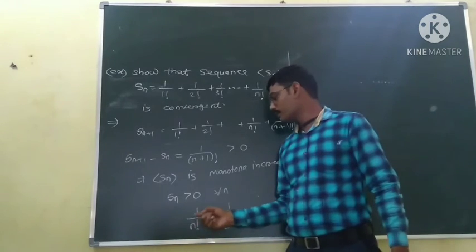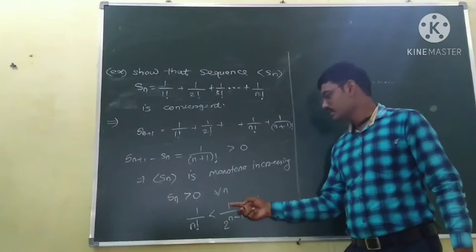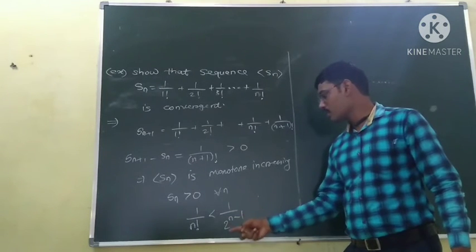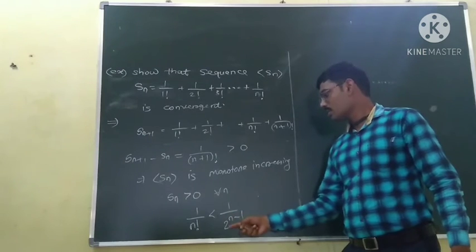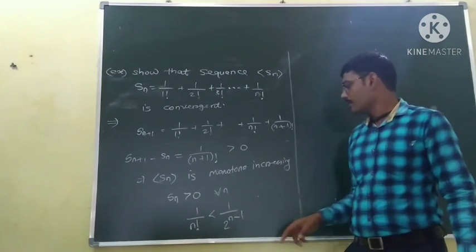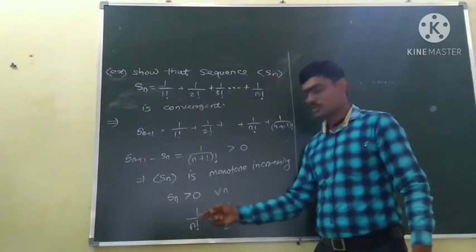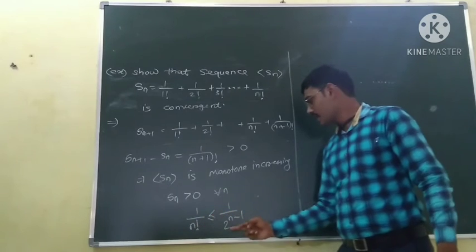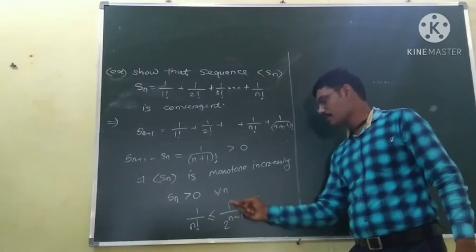If n is equal to 1, 1 by 1 factorial is 1, and 1 upon 2 raised to power 1 minus 1: 1 minus 1 is 0, and 1 upon 2 raised to power 0 is 1. So we can write less than or equal. If we put n equal to 2, 1 upon 2 factorial is 1 by 2, and 2 raised to power 2 minus 1: 2 minus 1 is 1, so 1 by 2.